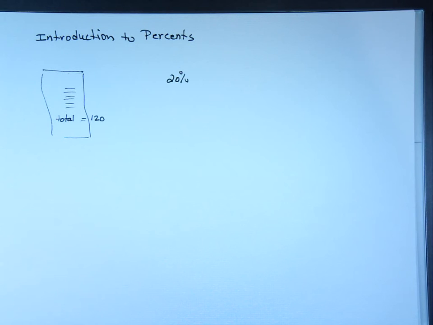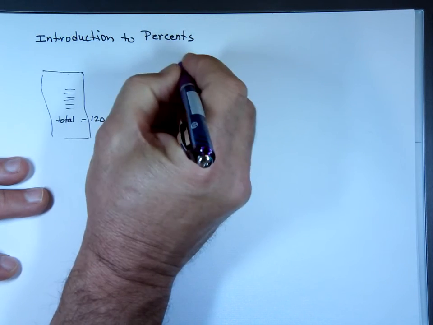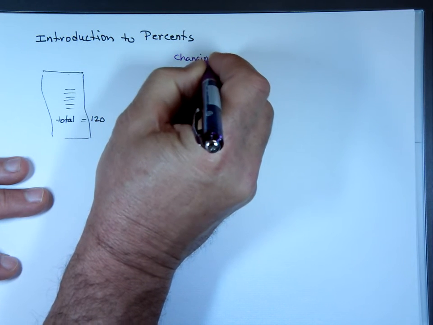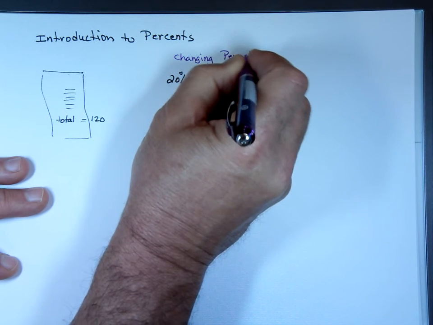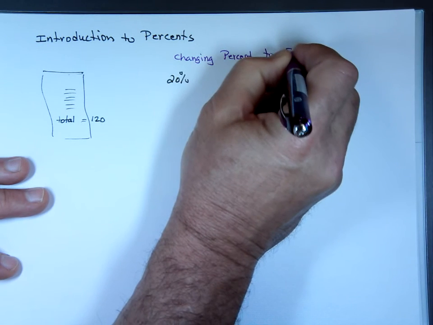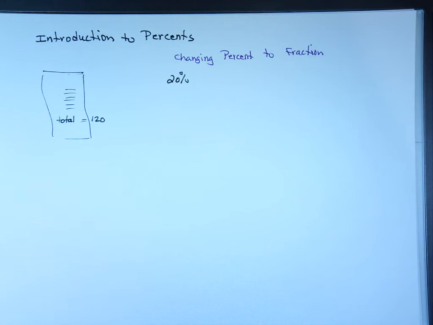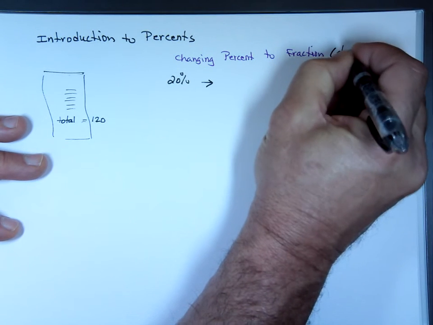Well, first let's look at how we go from percent to a fraction. So let's talk about this topic. How do we change percent to a fraction? So 20%, to go from percent to a fraction, we always divide by 100.